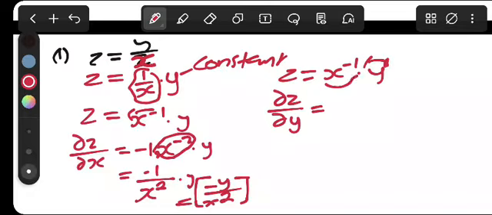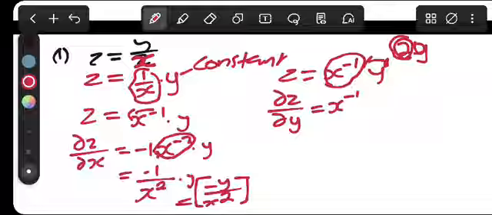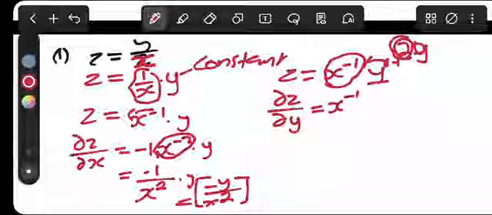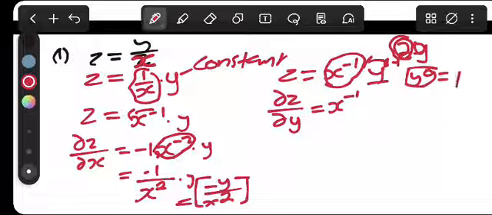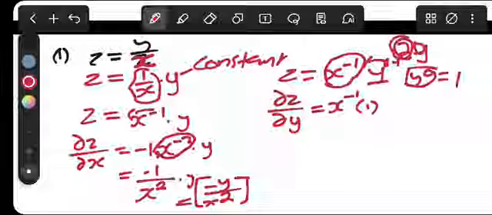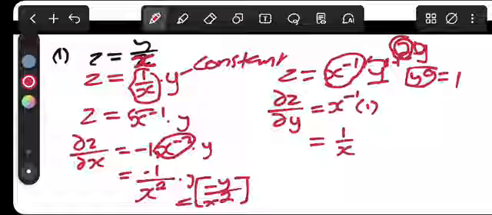This is simply a constant, the same as 2y like this. All of it is simply a constant, so you multiply by 1. This will simply be minus 1, like that. With minus 1, we will have y to the power 0, which simply equals 1. So it's like that. This will be 1 over x. So that is what we have so far.